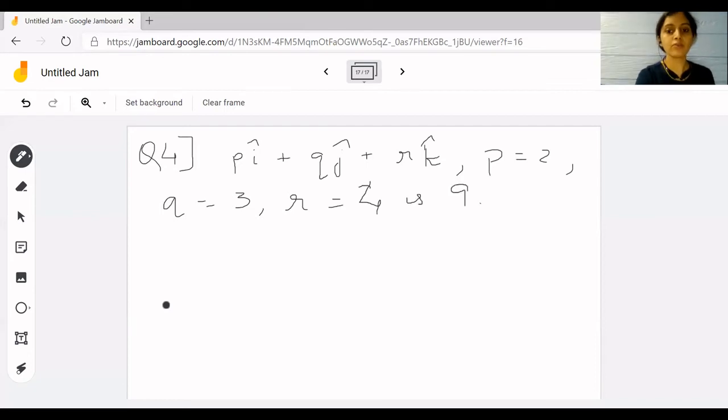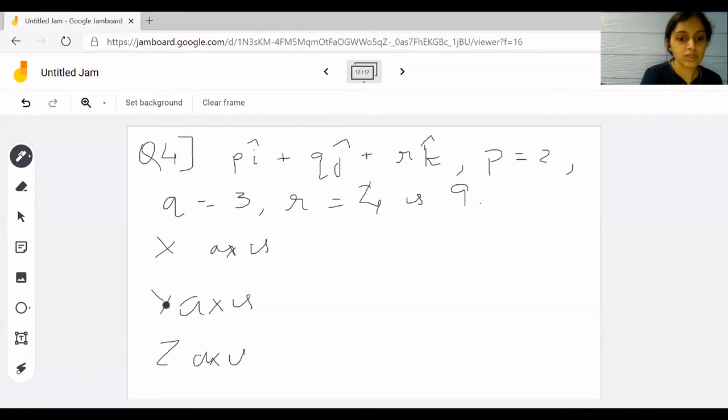So basically you have to find the projection of this vector on each of the axes, that is x-axis, y-axis and z-axis. So how do we do this?